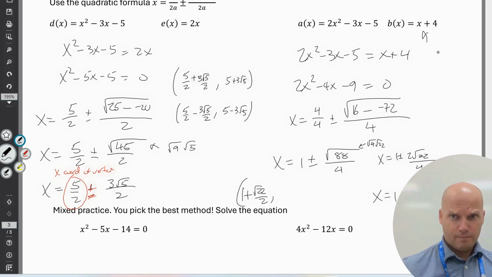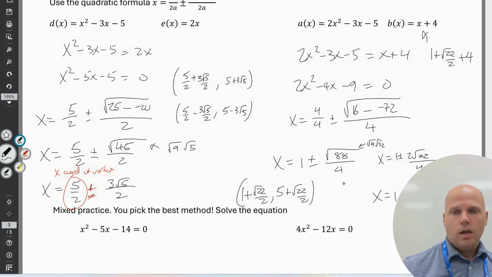But if you plug it in here, and I have 1 plus root 22 over 2, and I add 4, well, the 4 and the 1 are going to give us 5. And I'm not going to be able to add the root 22 over 2 to that. And then if I do the other one, I'll have just the same thing, 5 minus. Cool.